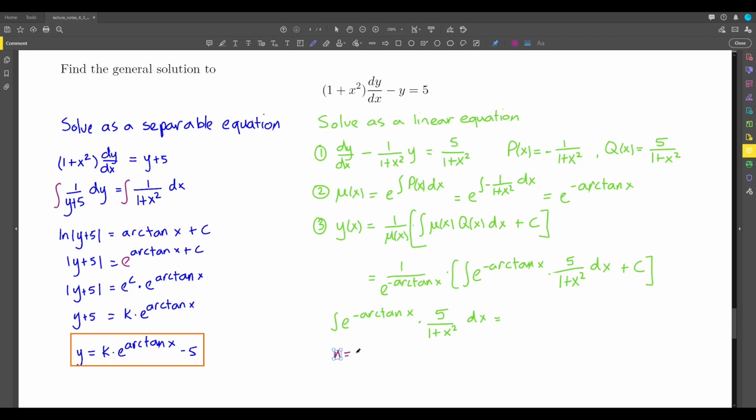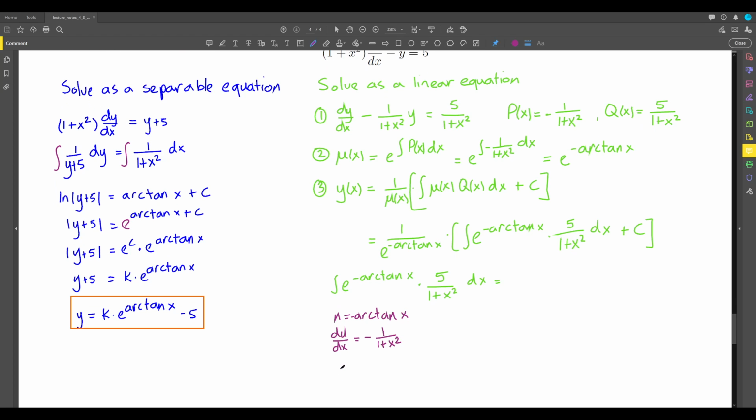Let u equal negative arctan of x. Then du/dx equals negative 1/(1 + x²).